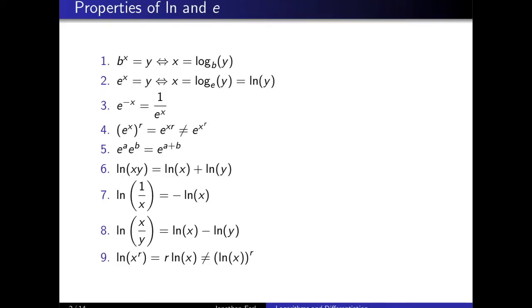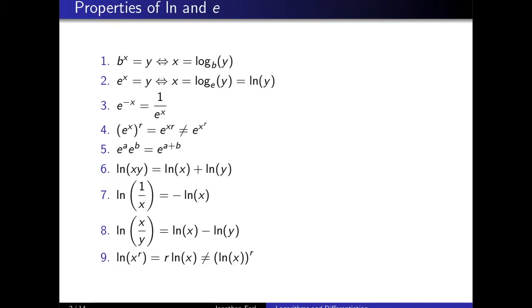Okay, so when we talk about logarithms, we want to talk about first some arithmetic and algebraic rules for dealing with logarithms. So if we have the expression b to the x, so we have some base raised to the power of x, and we say that's equal to y, that's the equivalent of saying that x is the logarithm base b of y.